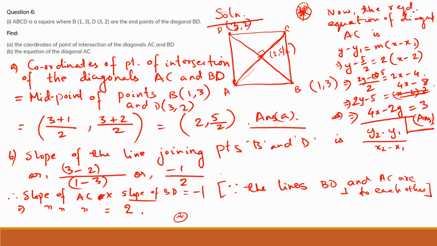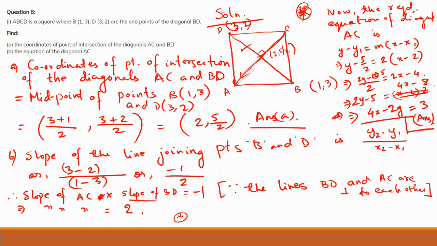So you got the equation of the diagonal AC, right? How did you get it? First you found the slope of BD, the slope of the other diagonal. Once you found the slope of the other diagonal, you know the slope of the diagonal which is perpendicular to BD, since both slopes multiplied equal -1. From there you found the slope of AC, and you already know the point of intersection, which is 2 comma 5 by 2.